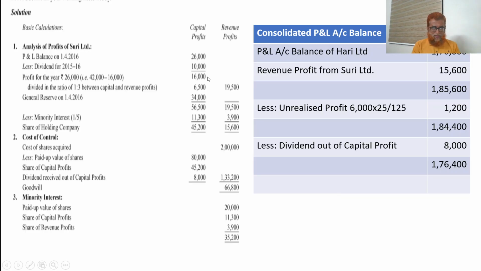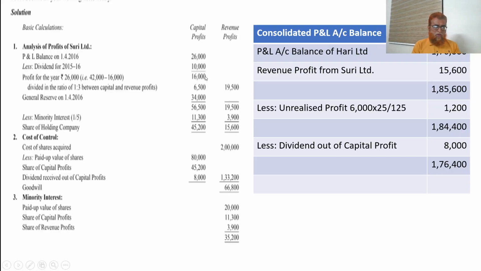Then the remaining balance is 16,000 profit. The profit as on 1/4/2016 is 26,000, but if you declare the dividend, then instead of 26,000, we will arrive at 16,000 as the profit and loss account balance on that date.